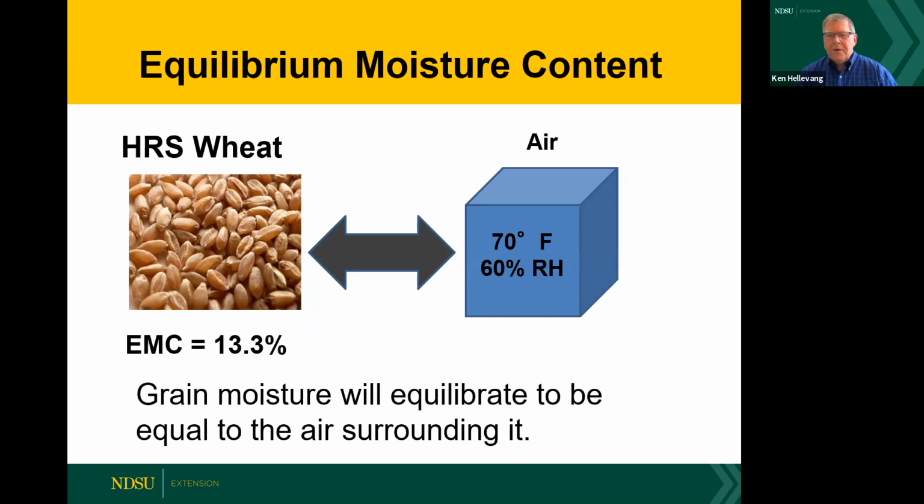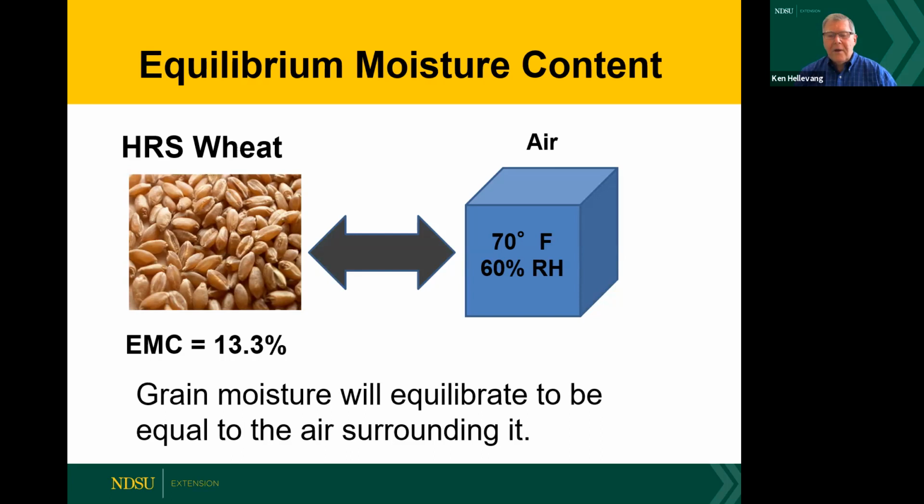When we're working with grain, we think of what is called equilibrium moisture content to tell us how dry the grain needs to be in order to keep it under that 70% relative humidity in the air spaces. In this example, we have air at 70 degrees Fahrenheit, 60% relative humidity.